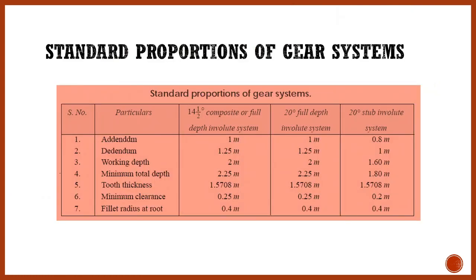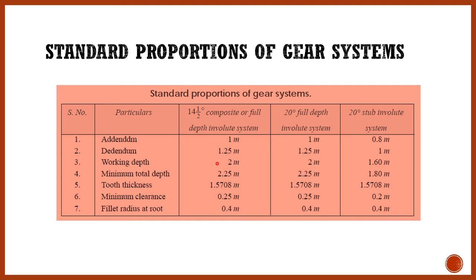Okay, these are some standard tables for the addendum and dedendum. For the 14.5 degrees composite or full depth involute system, and 20 degrees, these are the different standard gear systems. Addendum is of one module, and again the dedendum is of 1.25 module.